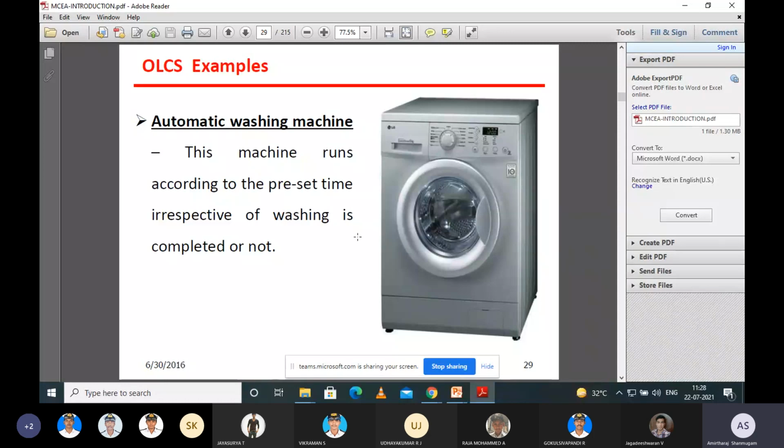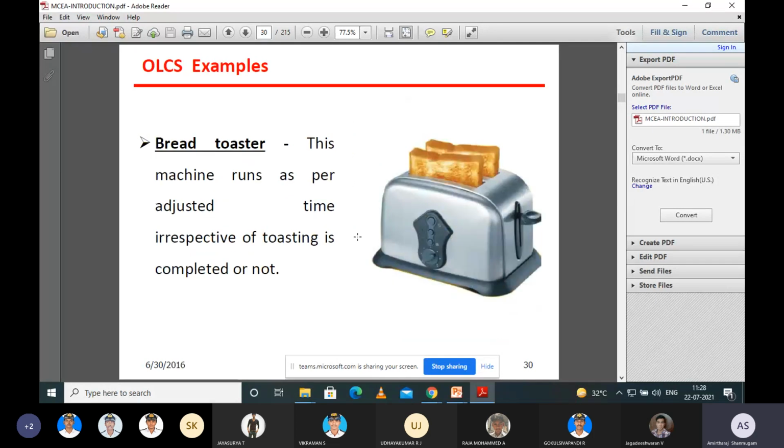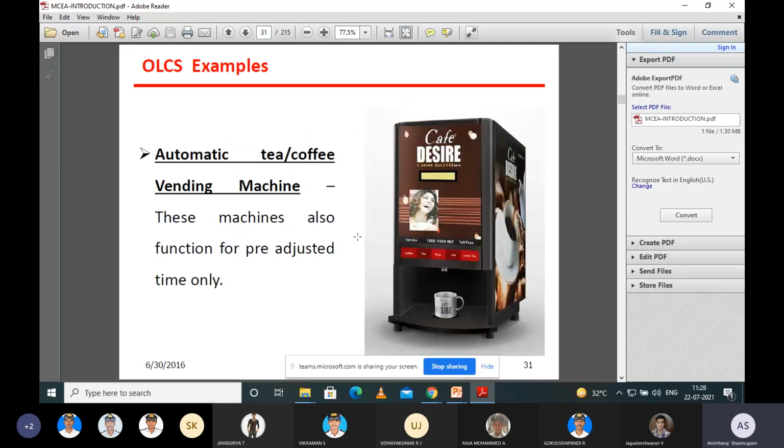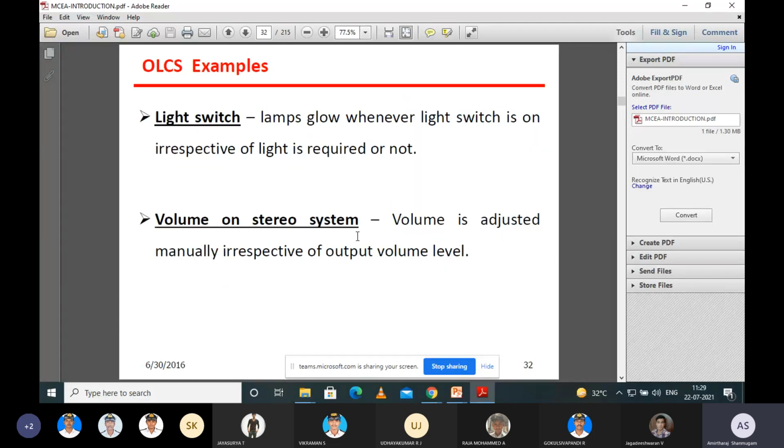After the time is reached, the machine comes to a stop. But no feedback. Like a bread toaster and automatic tea coffee vending machine: depending upon the setting time, it releases the tea and coffee. And also the light switch.